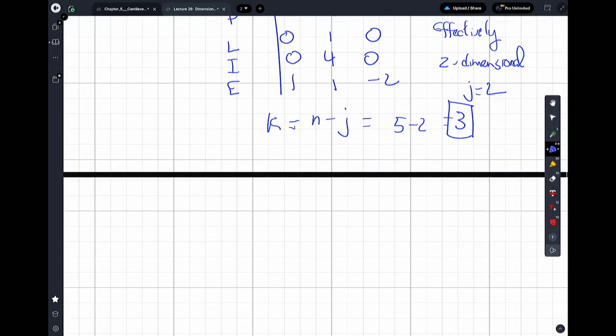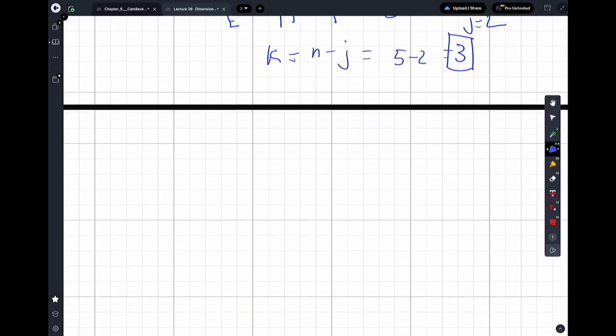I only have 2 base parameters, so I'm going to try P, L, and E, and that's probably the most sensible choice.